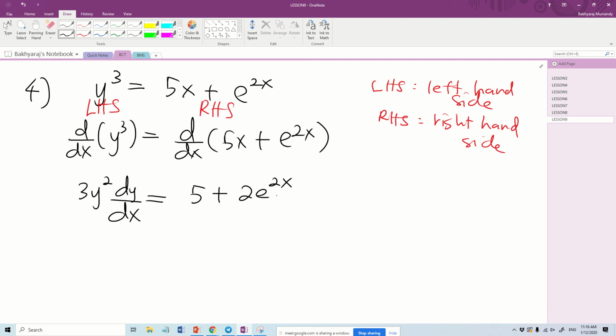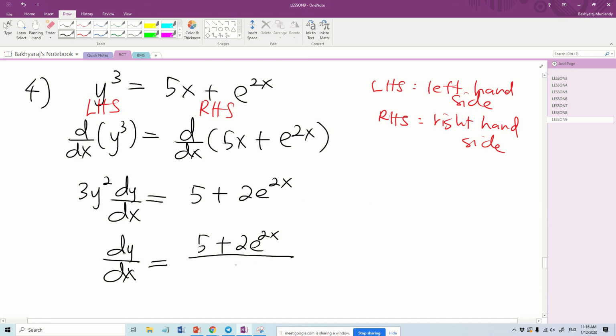Okay, remember what I said? I want dy dx. Maksudnya last jawapan saya nak dy dx. So what I should do? So I will get 5 plus 2 exponent 2x divided by, yeah, correct, 3y square.